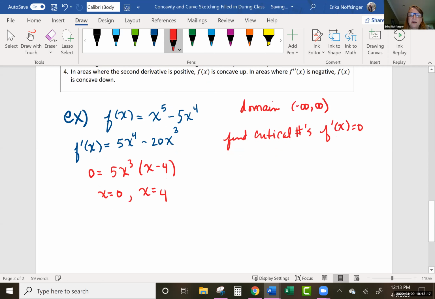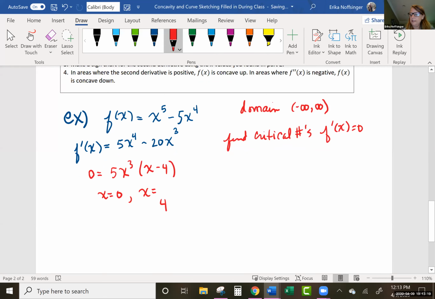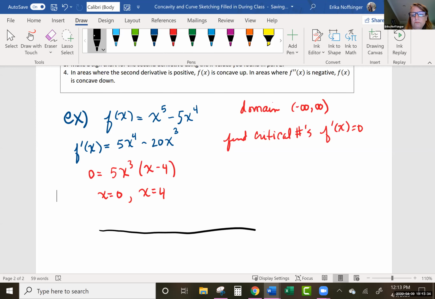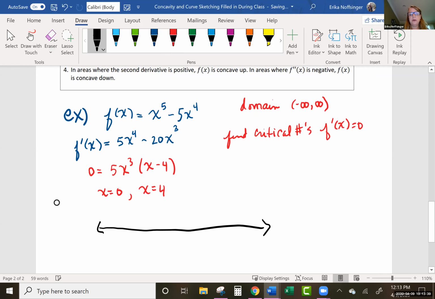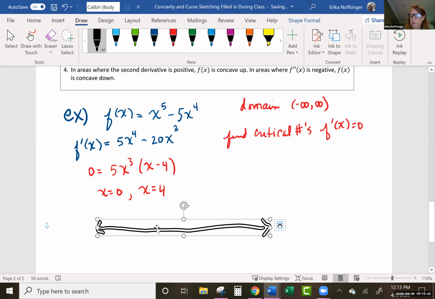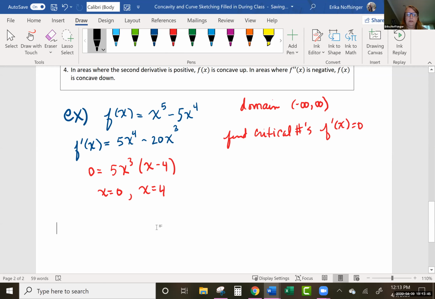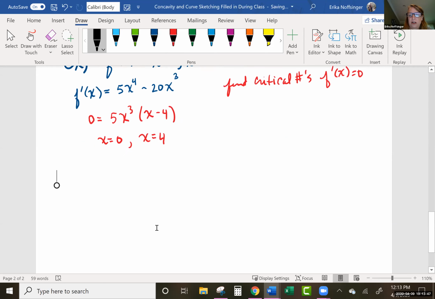And so now we want to find where it's increasing and decreasing. If we do our number line, you know what, it might be easier, and I usually don't do this, let's make a chart.